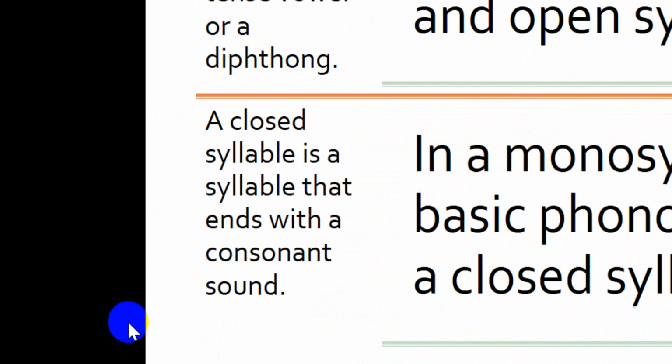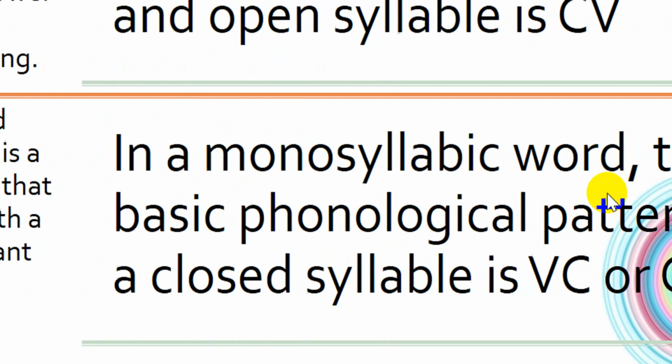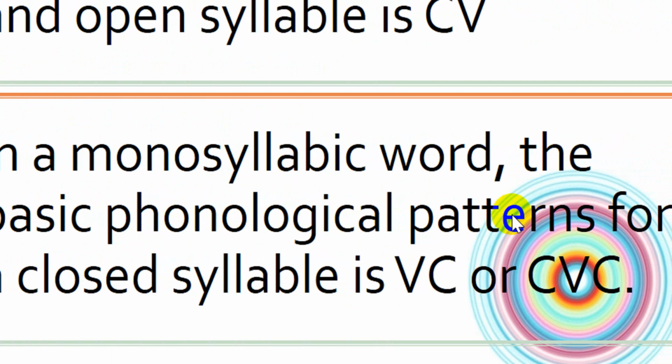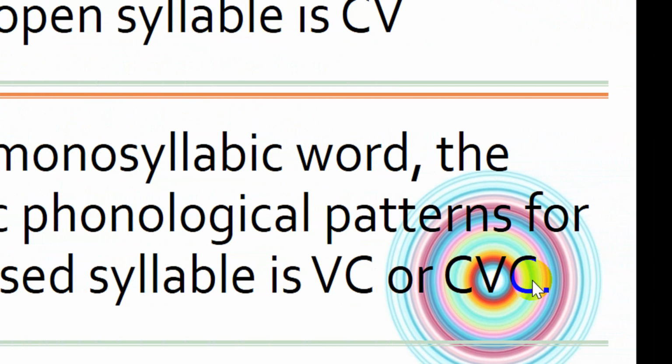The other one is closed syllable. It is a syllable that ends with a consonant sound. Usually in phonological patterns, we write it as VC, vowel consonant, or CVC, consonant vowel consonant.